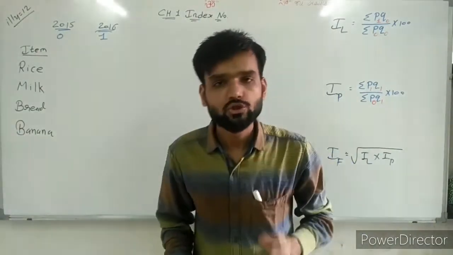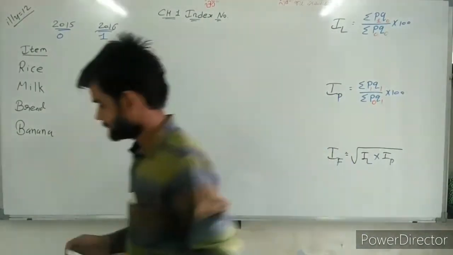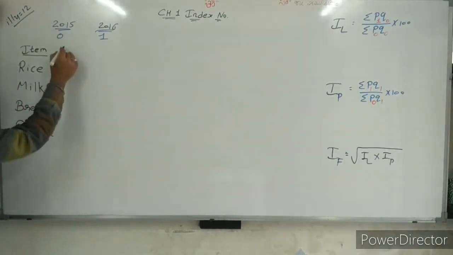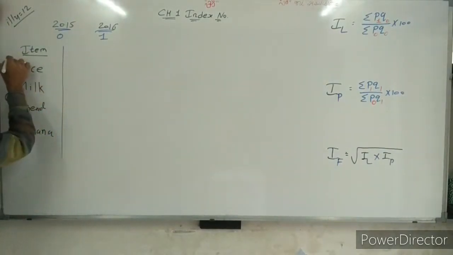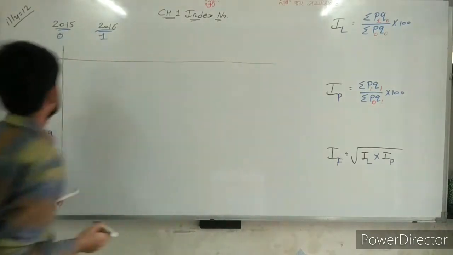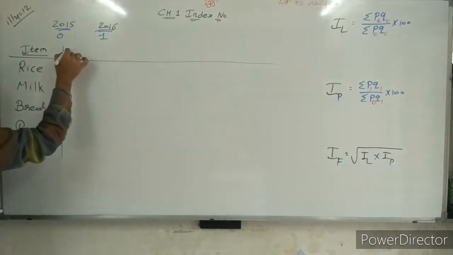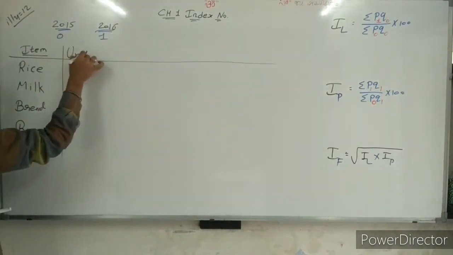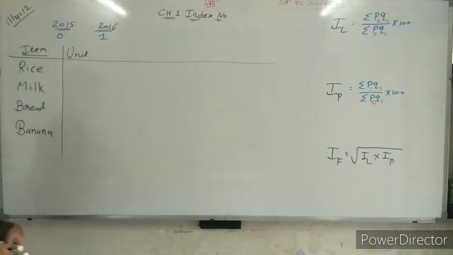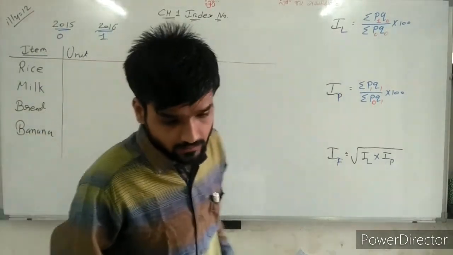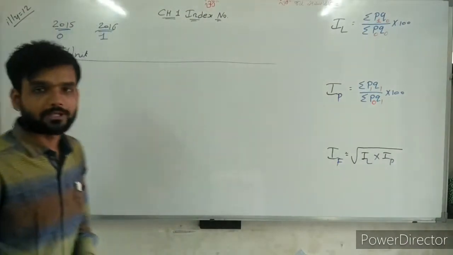Against them, units are also given. Unit for rice is kilogram, kg.